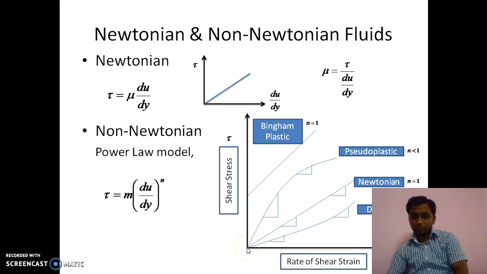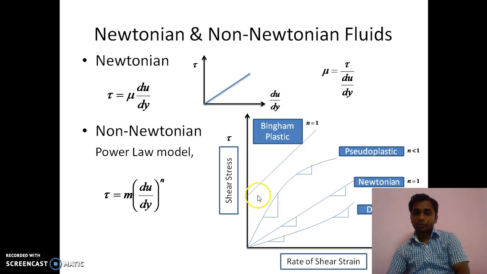Even if a small shear stress is provided, the fluid is moving. So with a small shear force also, the fluid will start its deformation. But in this case, you have to give a certain initial shear stress. This amount of shear stress has to be provided initially, and afterwards the fluid will start its motion.